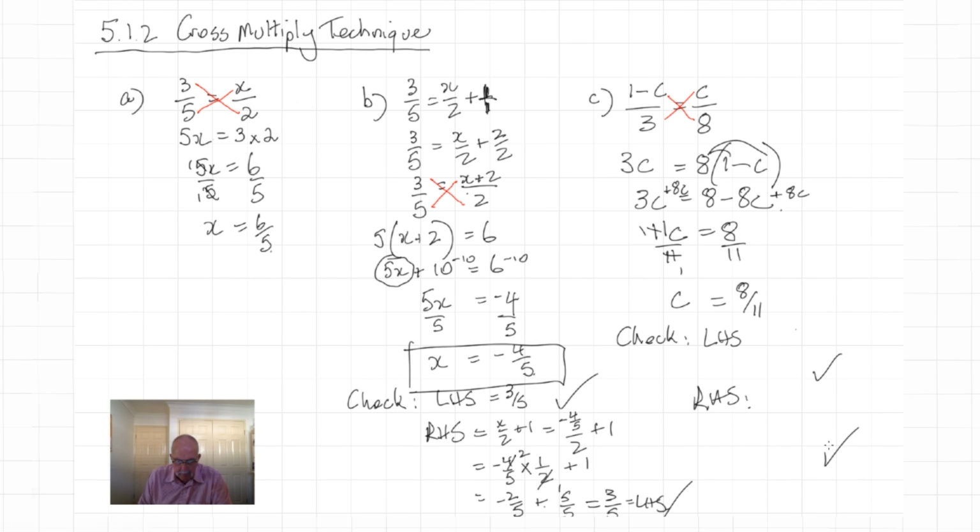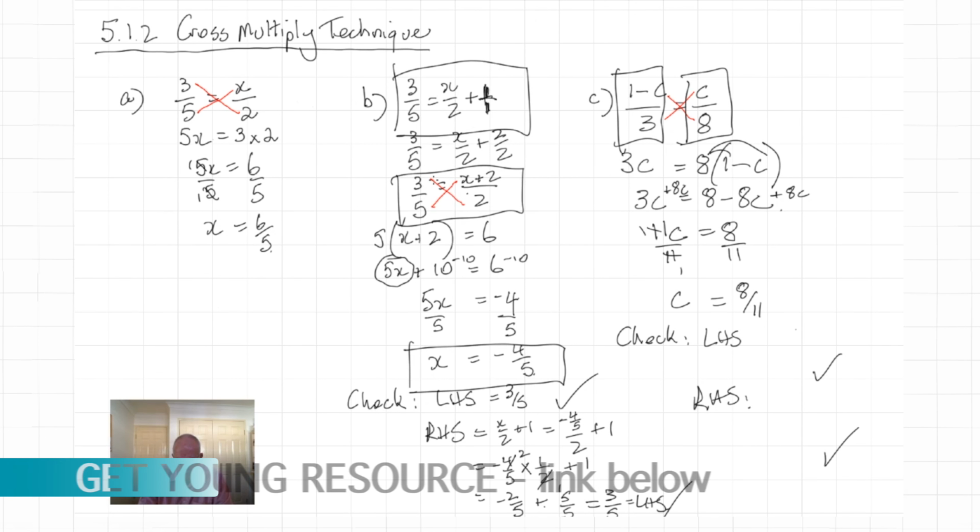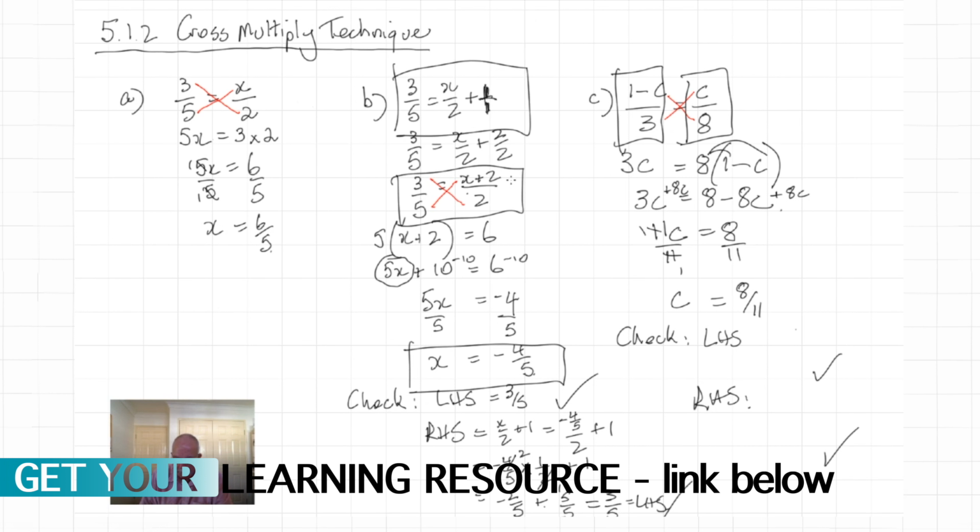But that's the way the cross multiply method works. Just make sure that you've got a single fraction and a single fraction. Here we didn't have that, so we had to make this into a single fraction, and then we've got a single fraction on each side, and we can do the cross multiply method.